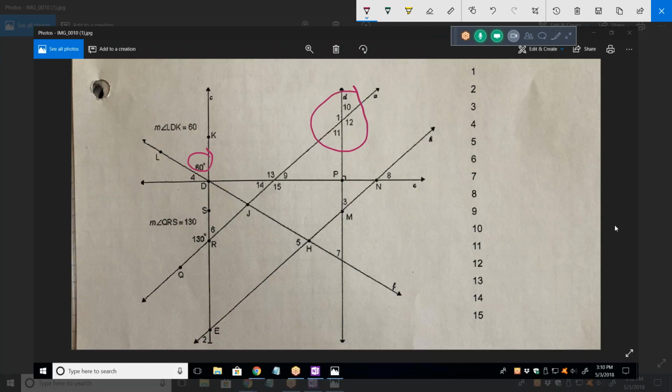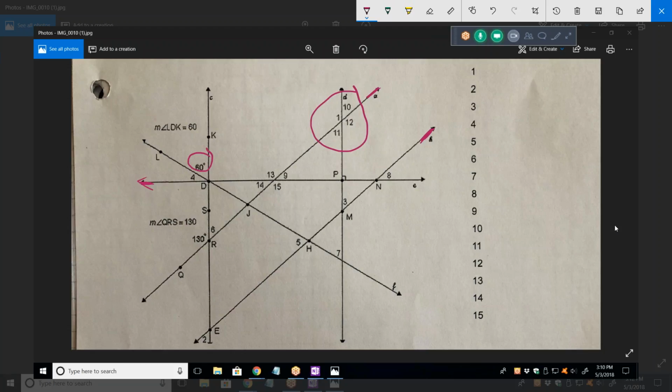And I see that this line is parallel to that line. And well, let's start with assuming that this is a horizontal line. Is that correct? Yeah.